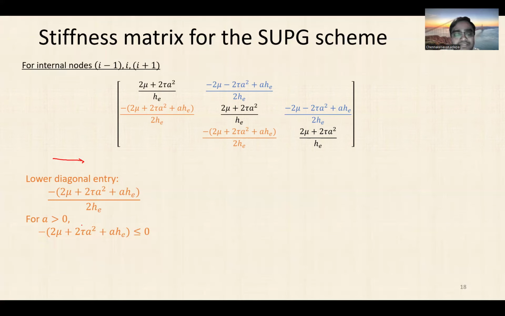So this is always negative irrespective of A, as long as A is positive. So for the lower diagonal entries, the M matrix condition is satisfied.